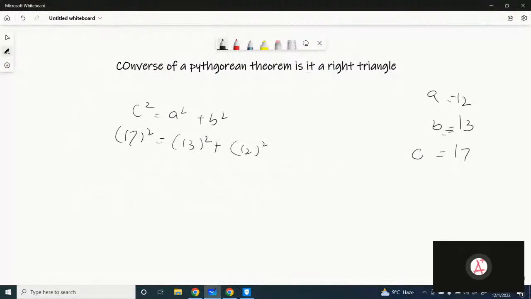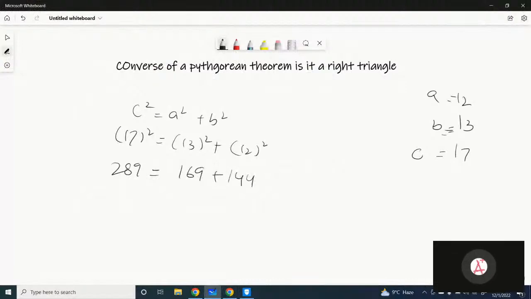17 square is 289, 13 square is 169, and 12 square is 144.